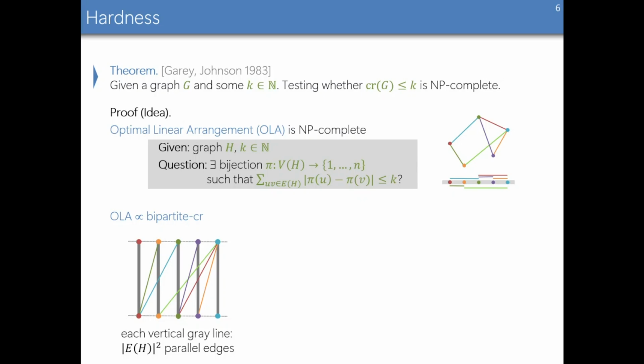Like for the red vertex, you have two red vertices here in the bipartite graph, and you join these two vertices with many, many parallel edges. Which means that you really do not want to cross over what is here drawn as this thick gray thing here. And you do this for every vertex.